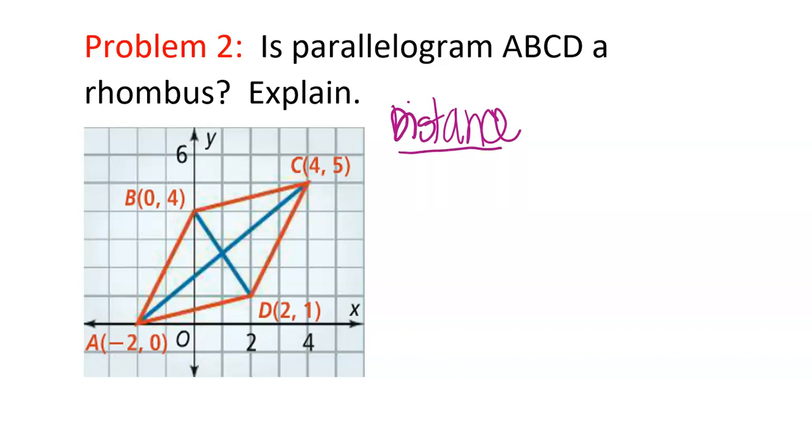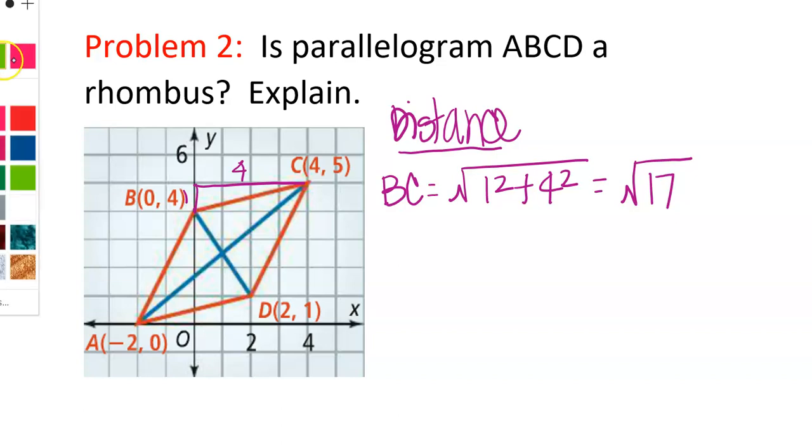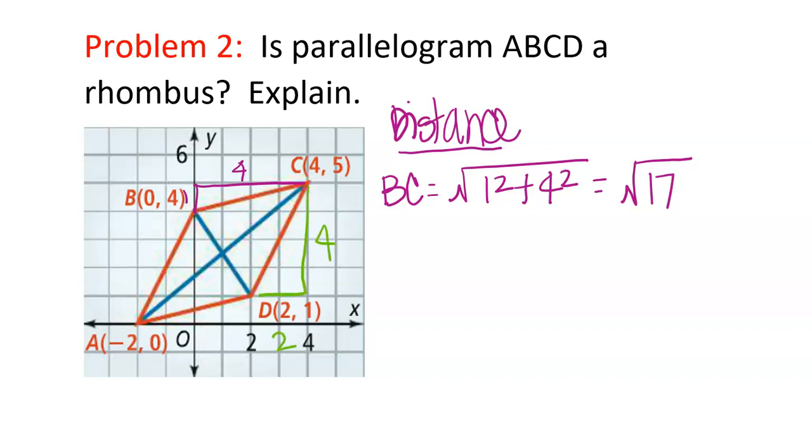Okay, so I'm going to do this one right here first. It is 1 and 4. So we're going to go BC is equal to the square root of 1 squared plus 4 squared. So square root of 17. I need to do one that's next to it to see if it is the same. So I'm going to do CD. That would be 2 and 4.